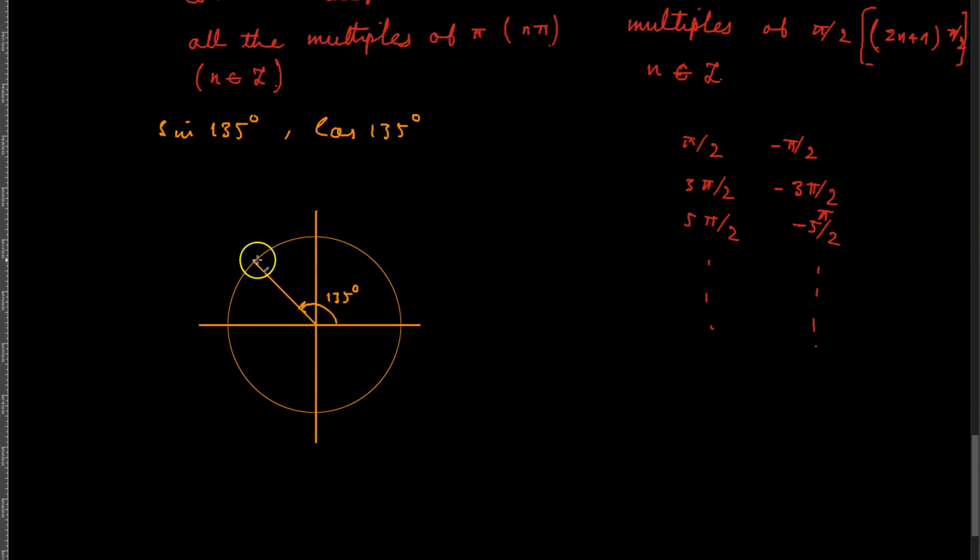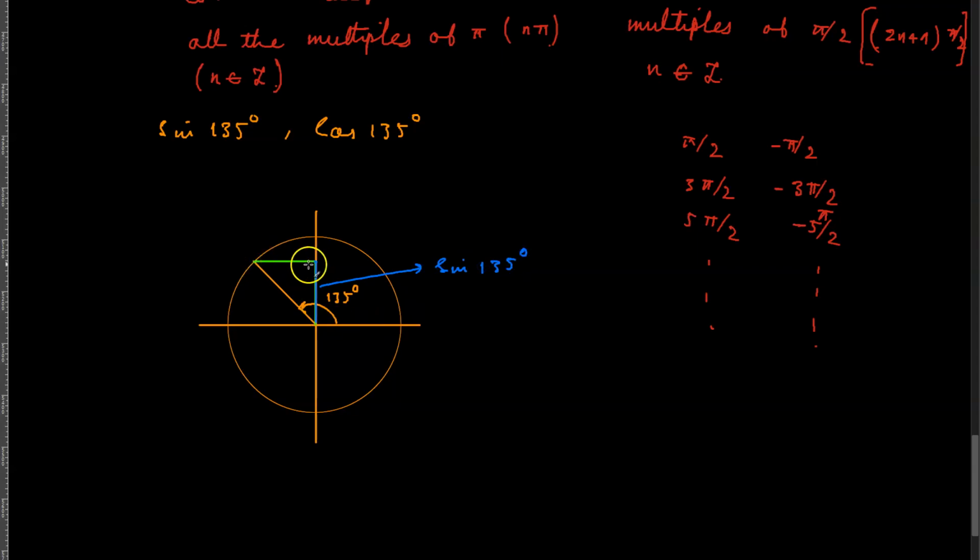So at 135 degrees, we said that the sine is measured along the vertical axis, which means that this exact value over here is the sine of 135 degrees.